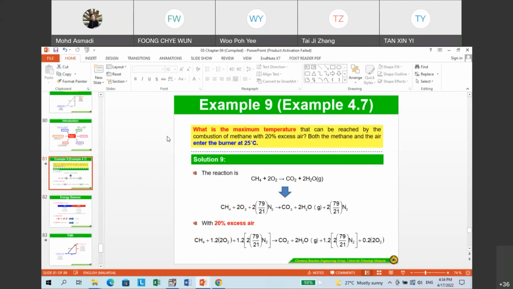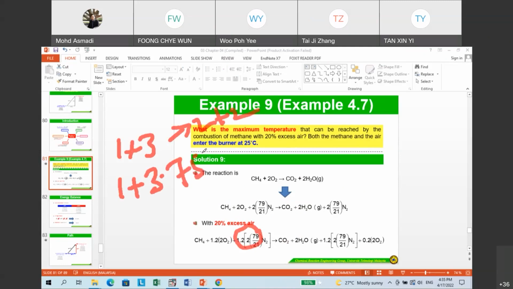So nitrogen will become, because 1 with 3 mole, 1 plus 3 mole, to produce 2 mole plus 2 mole. Since there is an excess here, that means 1 plus 3.75, yes, 25%.